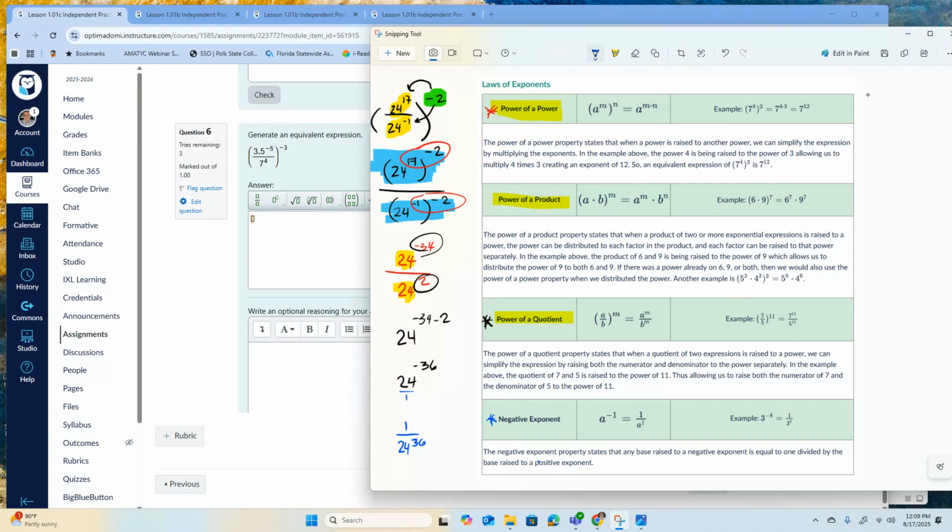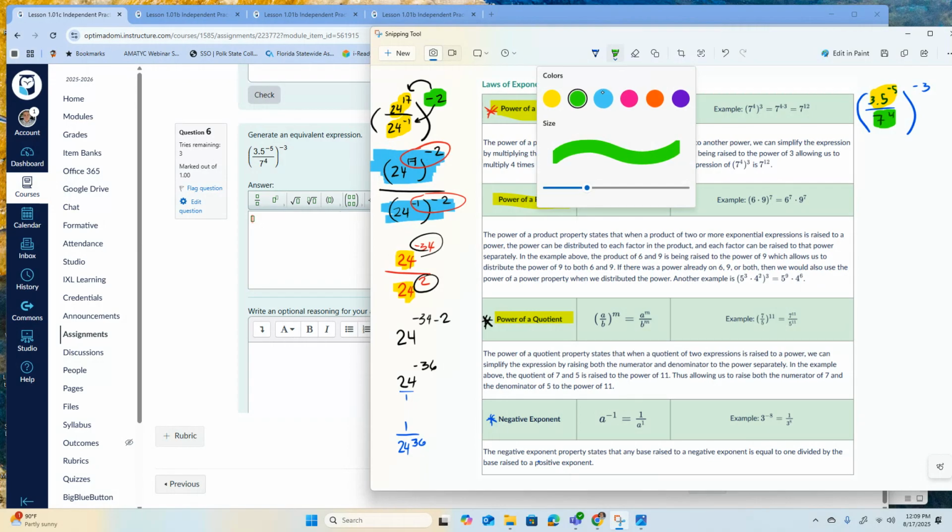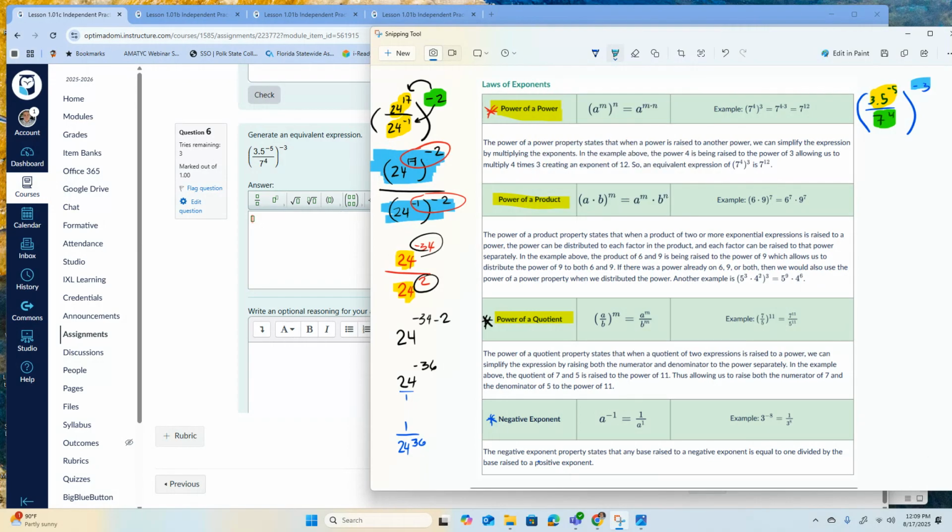So we have parentheses 3.5 to the negative fifth power over 7 to the fourth power, all of that raised to the negative third power. So if you notice the top of the fraction, we have a power. See, 3.5 is the base, negative 5 is the exponent. On the bottom of the fraction, we have a different base, but it also has an exponent. And outside the parentheses, we have an exponent.